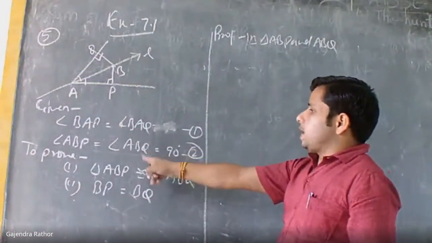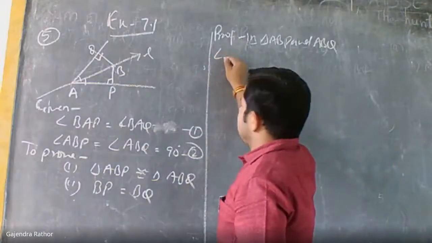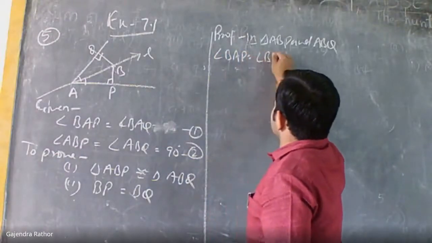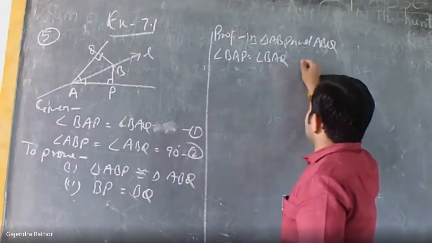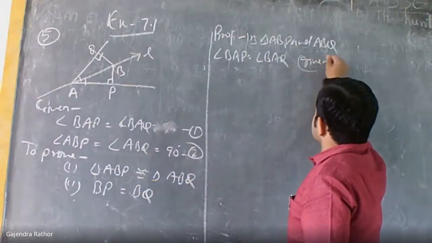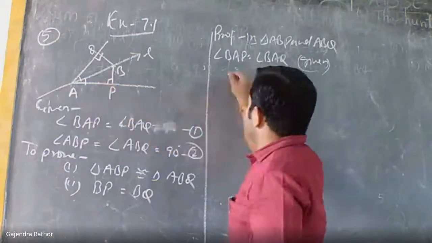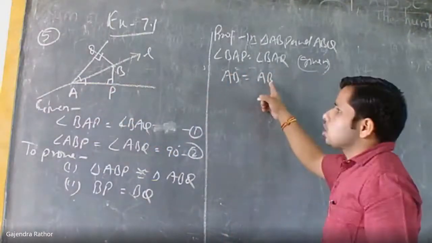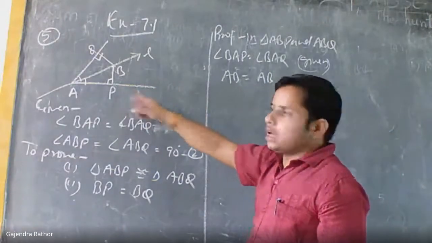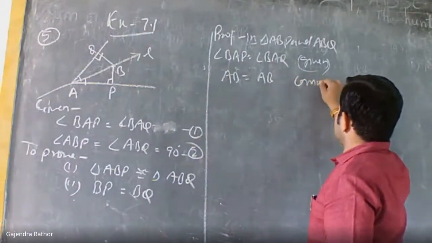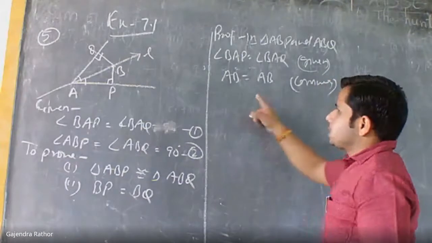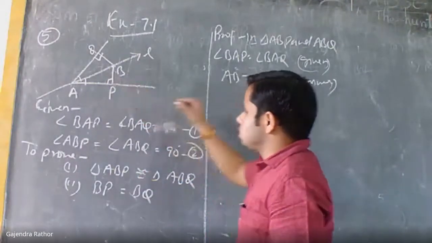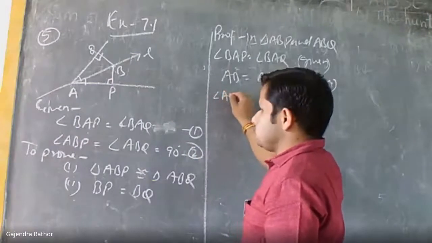Okay, 2 angles. The first angle BAP is equal to BAQ. Why are they equal? Given. Second, AB is equal to AB because this is the common line between these triangles. The next, this angle is 90 degrees because they are the perpendiculars.